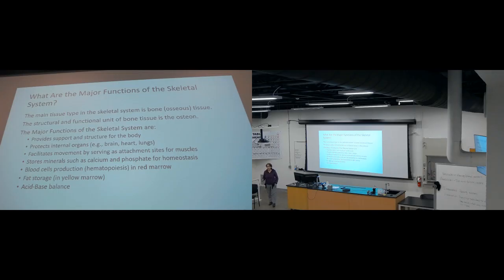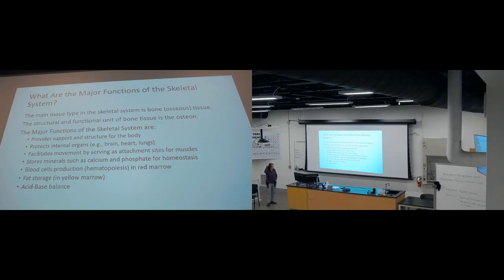The major deposit of calcium in our body is in the bones. We still have it in our teeth, but also we have it in bones. And then bones, internally, the long bones have a cavity that's called a marrow. And within this marrow, red marrow, you produce blood cells. So bones are in charge of hematopoiesis.